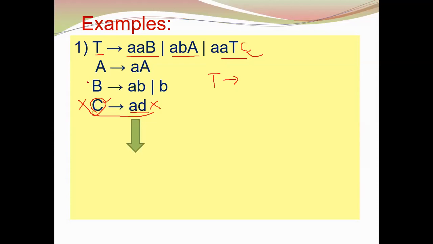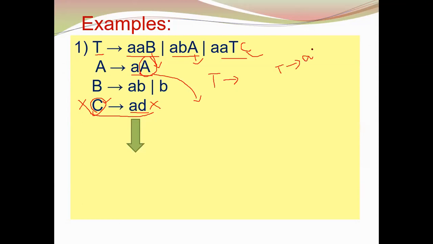Any other useless symbol? I have B, B tends to A, B, B. I can substitute here, right? Then for this A, I can substitute AA, again a non-terminal. How can I replace this A? I'm taking the production T tends to ABA.